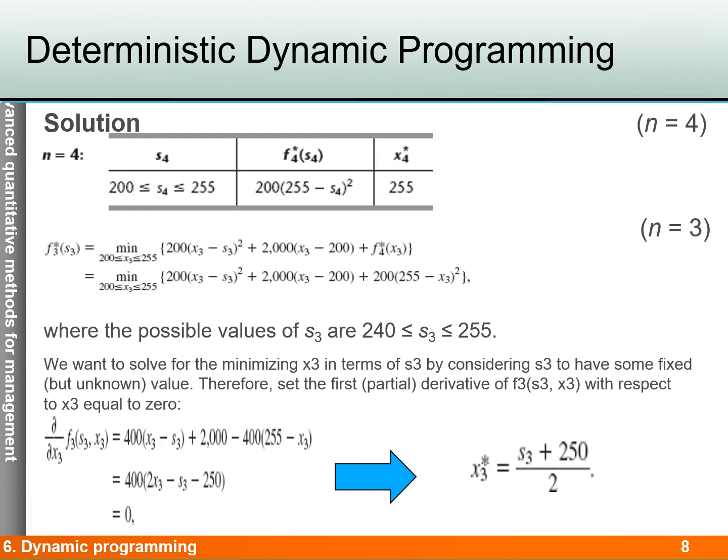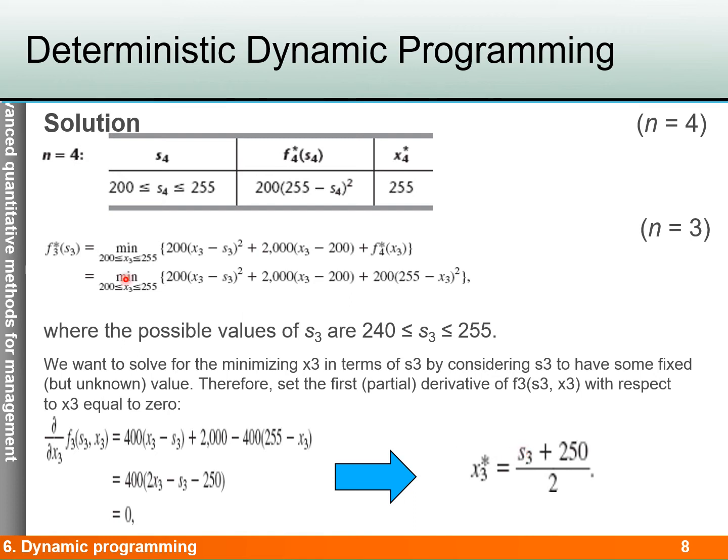But one easier solution is to find, as you see here, the minimizing x3 in terms of s3. By considering s3 to have some fixed but unknown values, we will see that x3 is a relationship, an equation, something like this, based on s3.